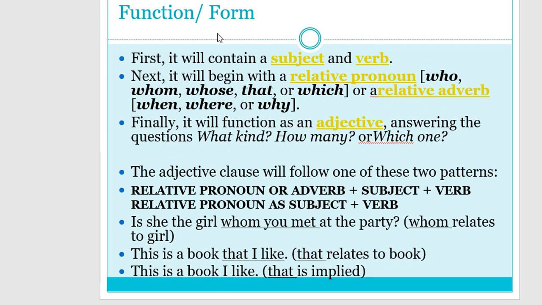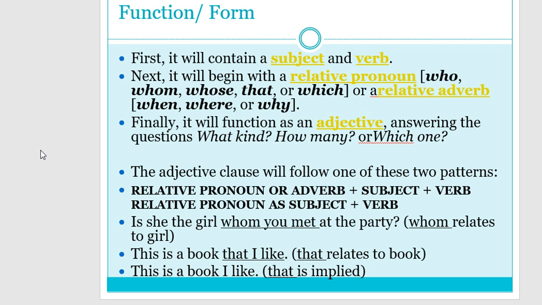Next we have form and function. It will contain a subject and verb. It will begin with a relative pronoun, who, whom, whose, that, which, or a relative adverb like when, where, or why. So we can understand that it relates to adverb function.